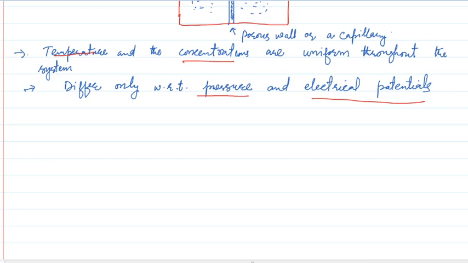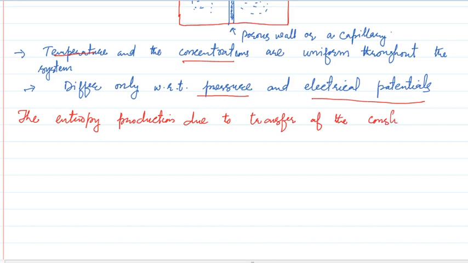Now we know from previous knowledge the entropy production due to transfer of the constituents, suppose from vessel 1 to vessel 2, or from compartment 1 to compartment 2, is simply given by this simple relation.